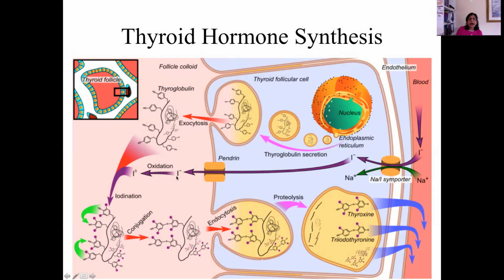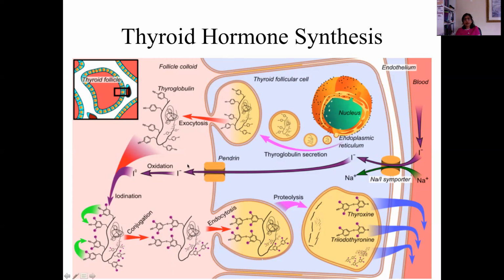So iodide now becomes iodine. It doesn't have that charge that we saw before. Iodine is what you see next within the colloid. It happens here in the colloid, with the help of an enzyme, thyroid peroxidase, or simply peroxidase.